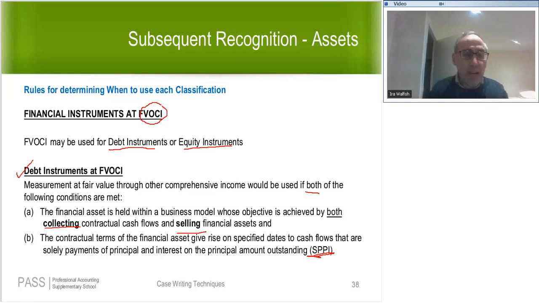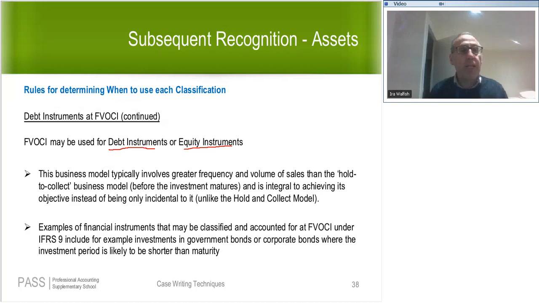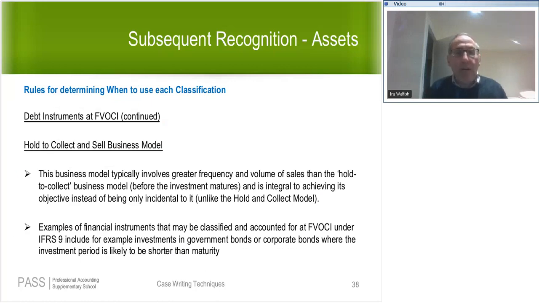Now, let's take a look at the hold to collect and sell business model. If you meet this business model, we're talking FVOCI. This business model typically involves a greater frequency and volume of sales than the hold to collect model that we looked at a few minutes ago, and selling is integral to achieving your investment objective instead of just being incidental to it.